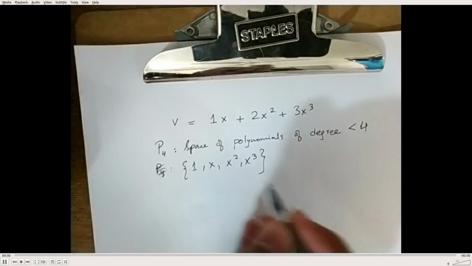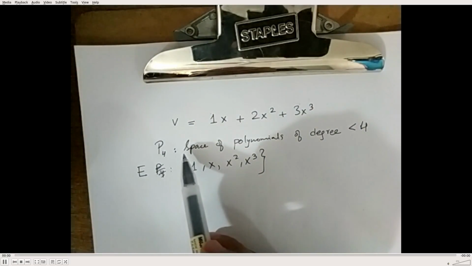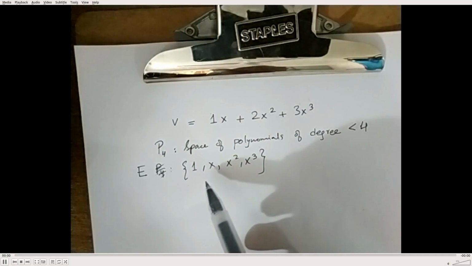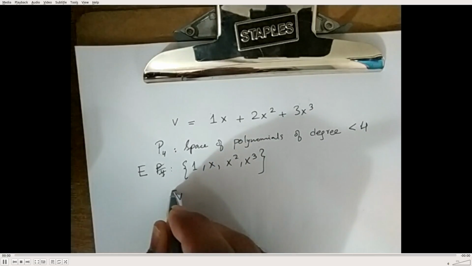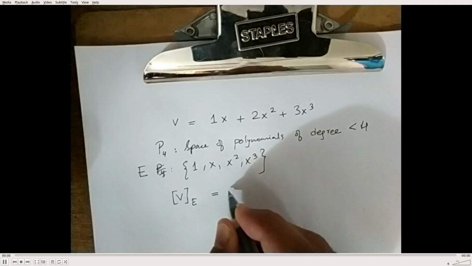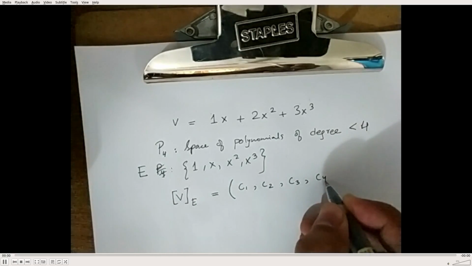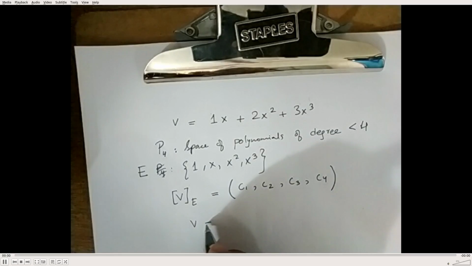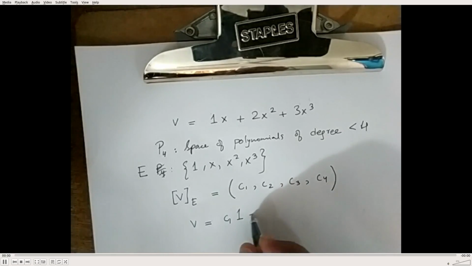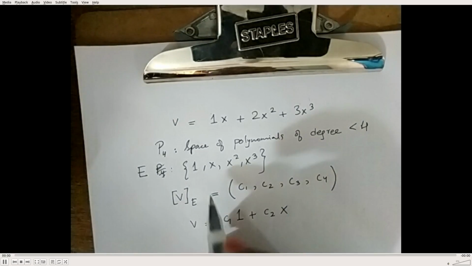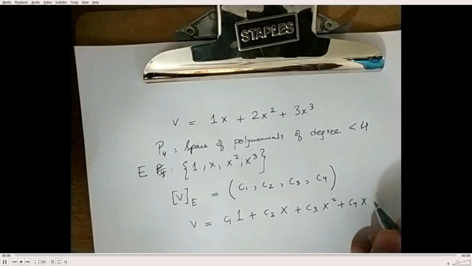Let's call it E. This of course is not the same as Rn, but if I express the coordinates of v with respect to E, then that's just the coordinate vector c1, c2, c3, c4 in the representation v equals c1 times the first vector v1 plus c2 times the second vector, which is x, plus c3 times the third vector, which is x squared, and c4 times the last vector, x cubed.